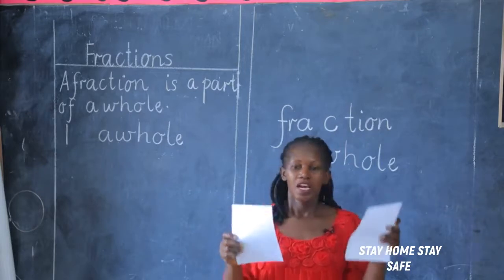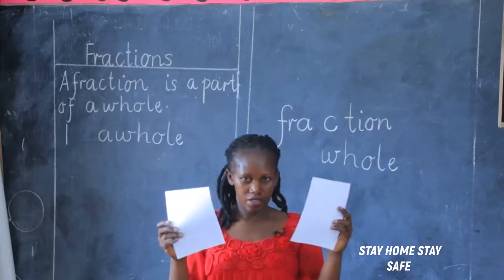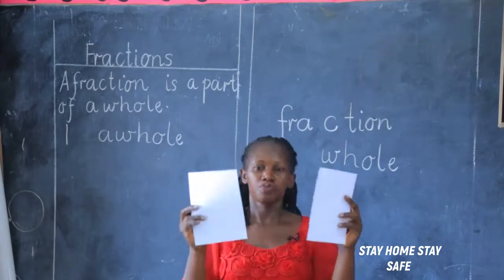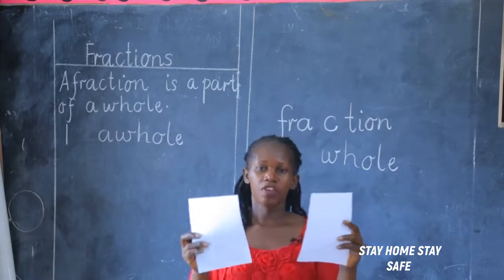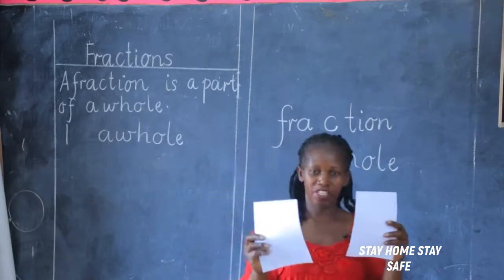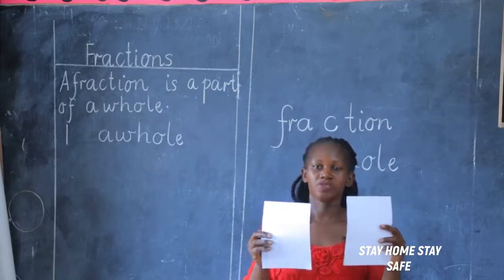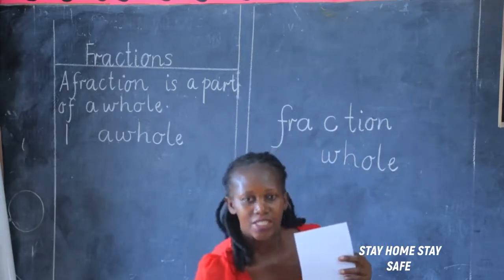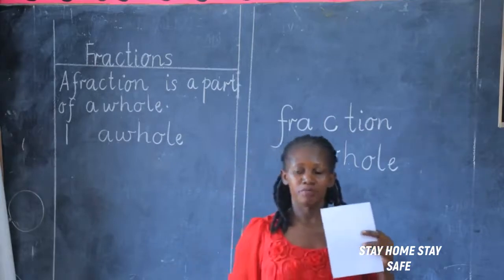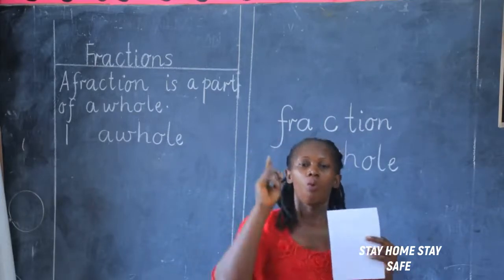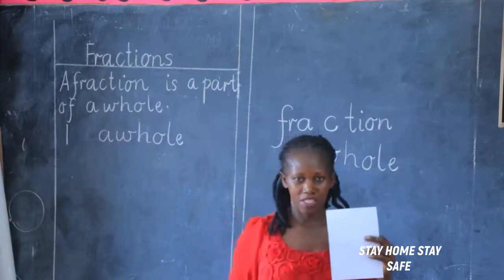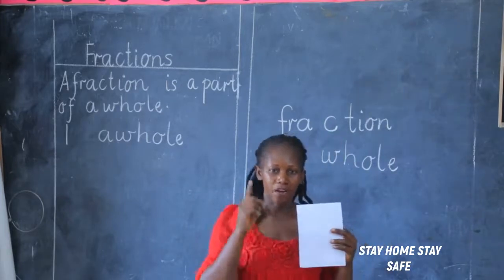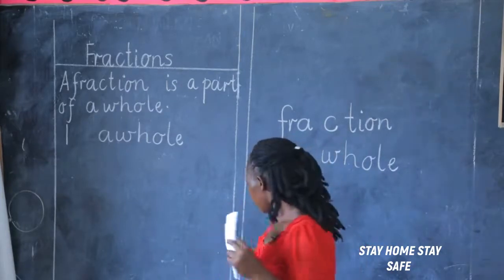Now we are going to see, how do we call these fractions? I have 2 parts already. Now, if I want to pick one, for example, if this is my orange, I want to share with my friend, I'll give 1 piece. When I give 1 piece, I will have given 1 part out of the 2 parts.